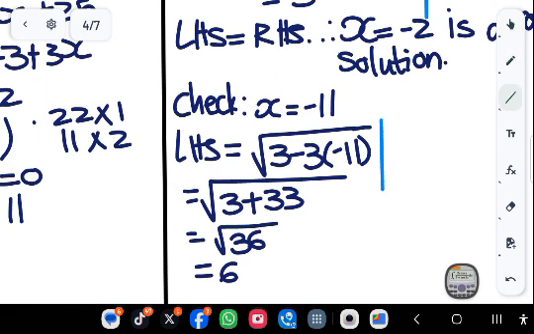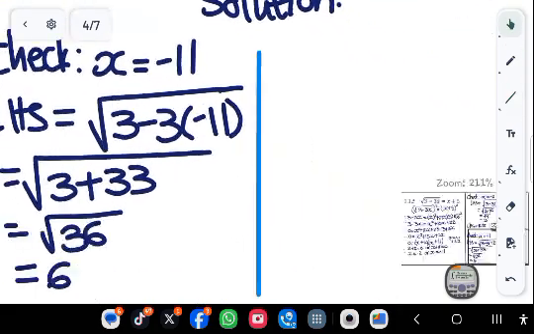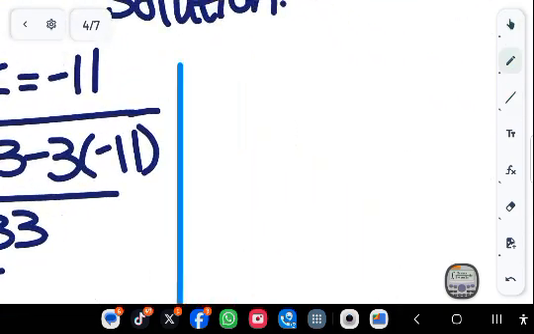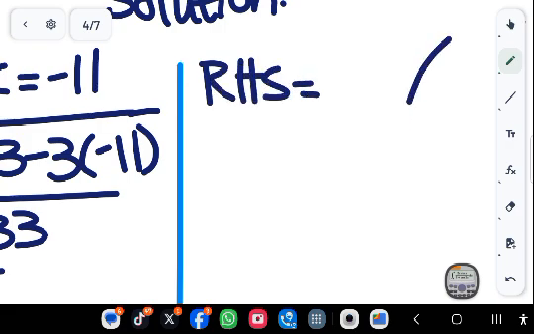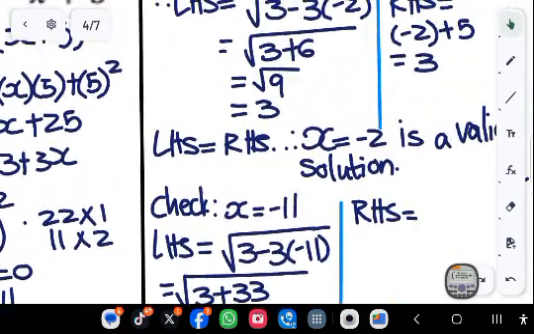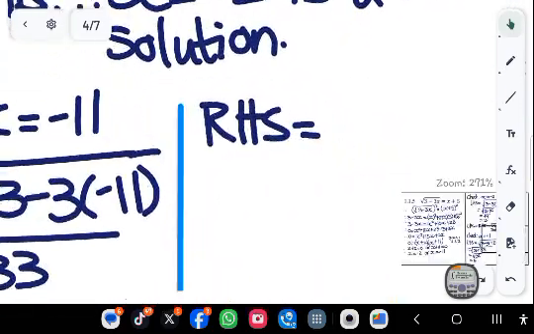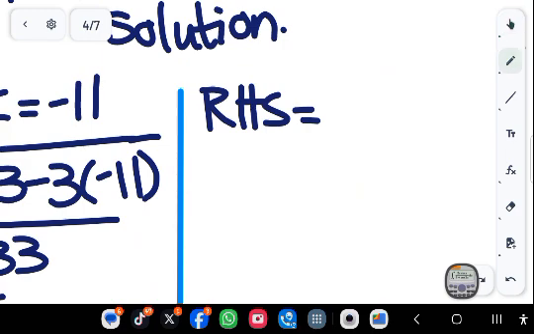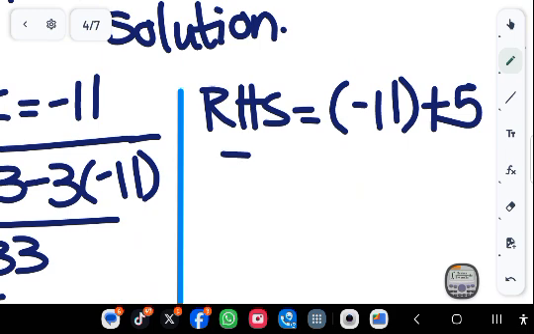Now the right hand side is x plus 5. x is negative 11. Negative 11 plus 5 gives us negative 6.